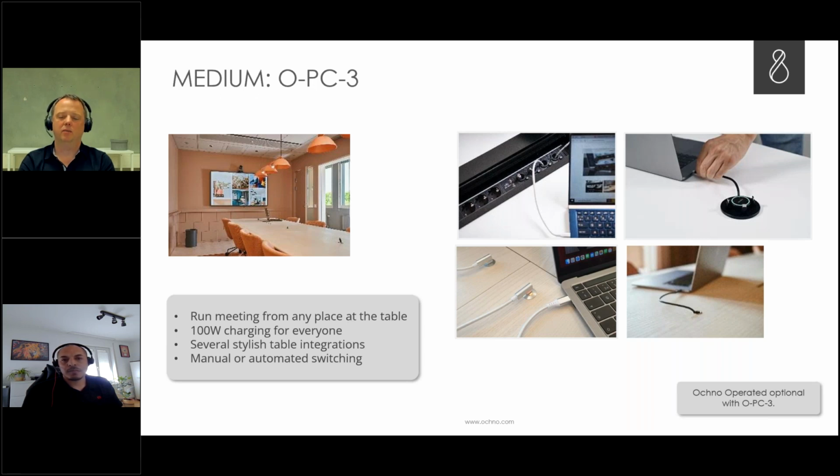There are black and white cables as well available. So when you buy the main product, there are no cables included. You buy them depending on what your integration looks like. So just reach out to us or look it up in our web shop. There you can get an overview of which cables and options are available. And if you have any further questions in that regard, just reach out to us, and we are happy to assist you.